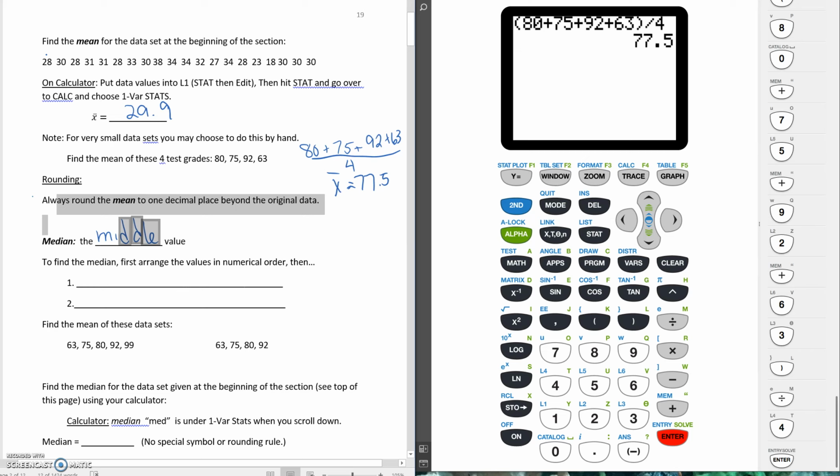If n is odd, so if you have an odd number of data values, it's just the middle value, the one that's exactly in the middle. If n is even, if you have an even number, you find the mean of the middle 2 values.